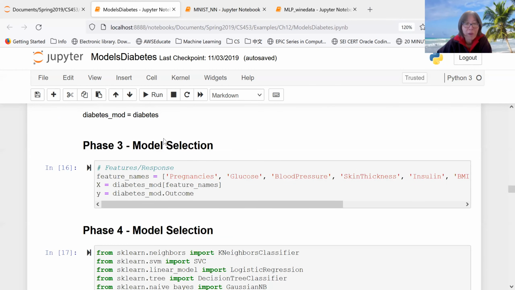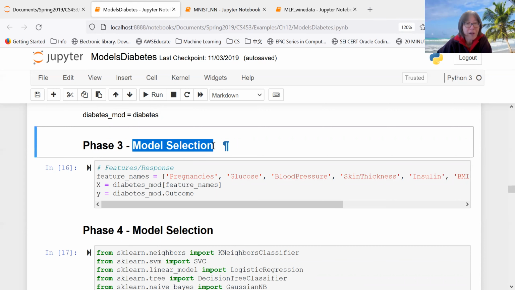In this example, we do model selection, not just a single model. Based on the data cleaning, we also select the features, and in this case we keep all the features.